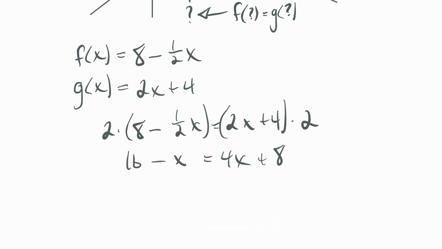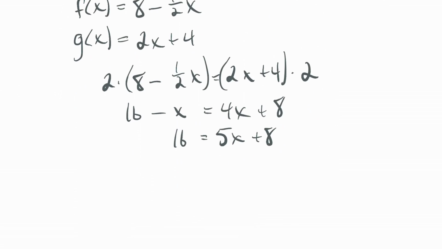Next, I'm going to get x on one side only, because this is a linear equation and we just want x by itself. So I'll add x on both sides: 16 equals 5x plus 8. Then I want to get that 8 to the other side, so I'll subtract 8 on both sides: 8 equals 5x. Then I want x by itself, so I'll divide both sides by 5.